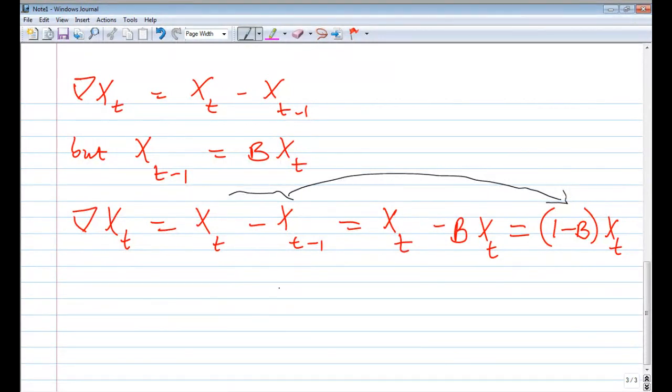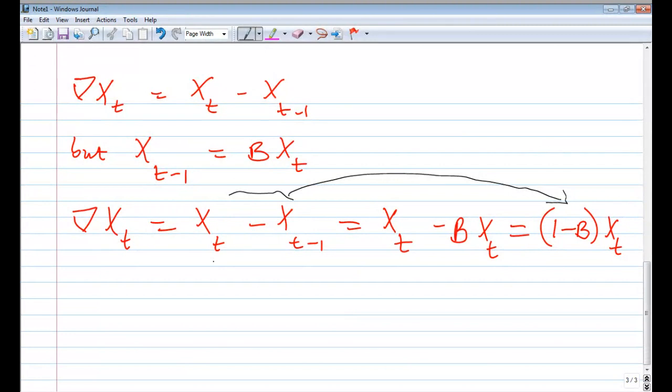So in other words, change in xt is equal to 1 minus b xt. Where does that B come from? B is what we call the backshift operator. I'm going to introduce it now, after explaining what I'm doing here.